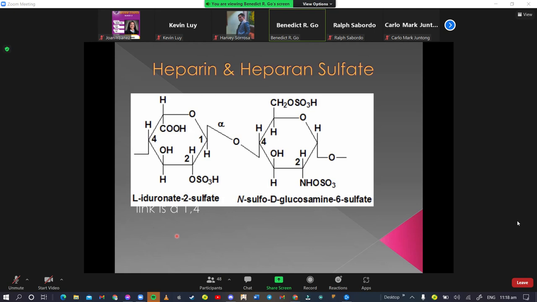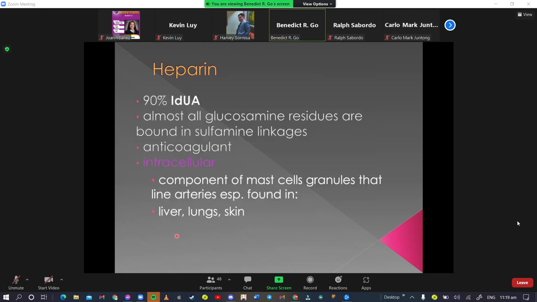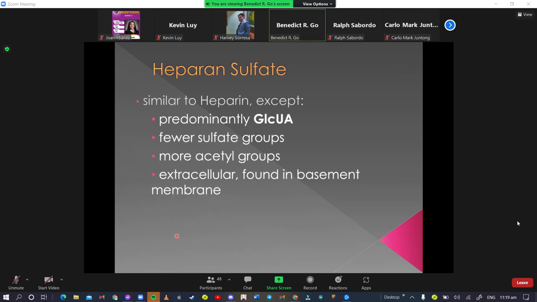Heparin and heparan sulfate, the main difference here is one is intracellular and one is extracellular. Heparin, as I mentioned earlier, is intracellular, and 90% of its sugar acid is iduronic acid. Whereas heparan sulfate is extracellular and the predominant sugar acid is glucuronic acid.